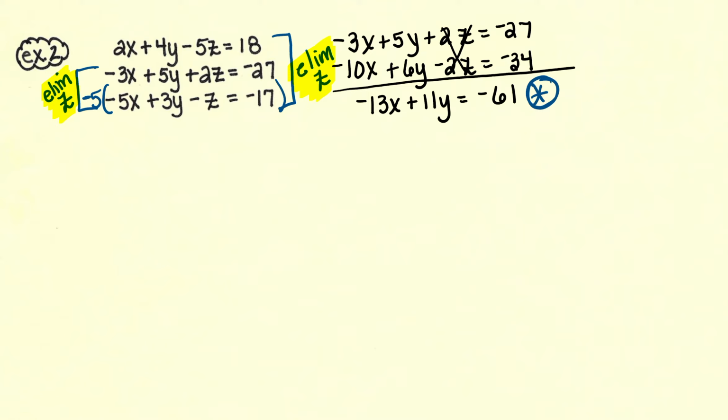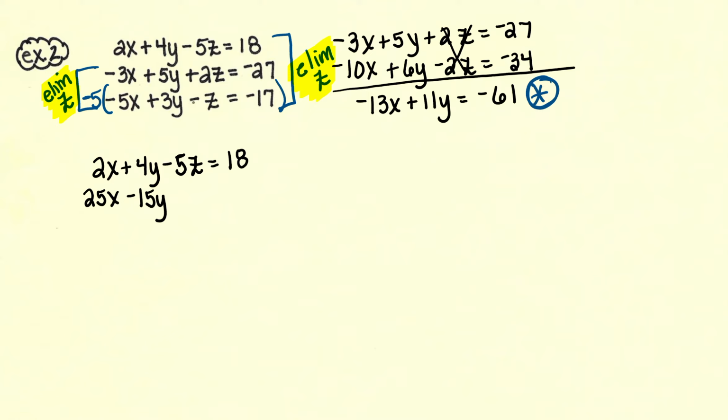Take this top equation and write it just like you see it. 2x plus 4y minus 5z is equal to 18. The bottom equation is going to turn into negative times negative is positive 25x. Negative 5 times 3 is negative 15y.